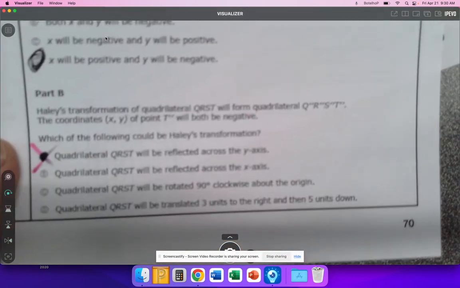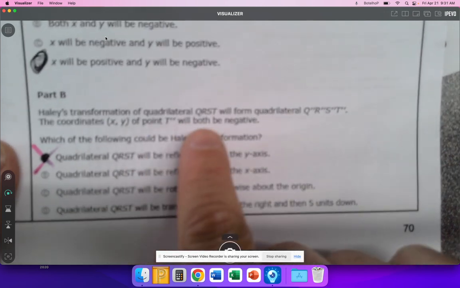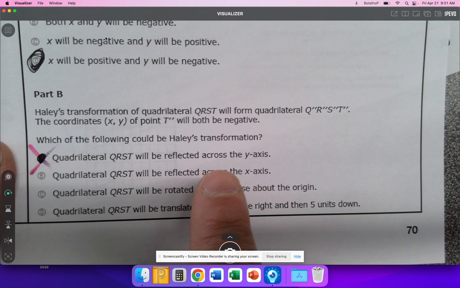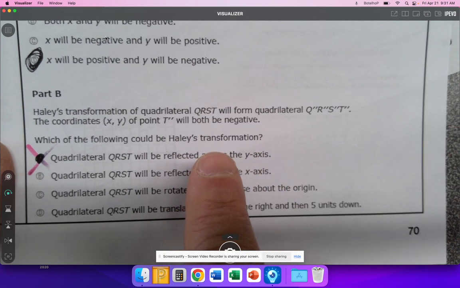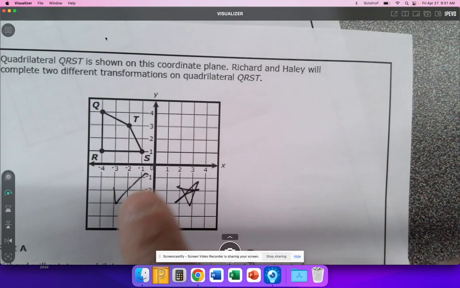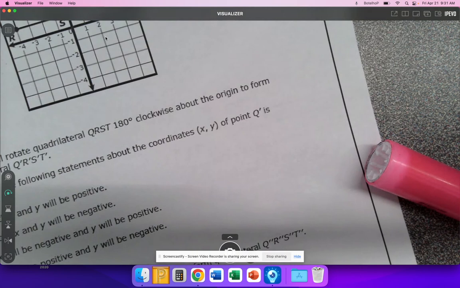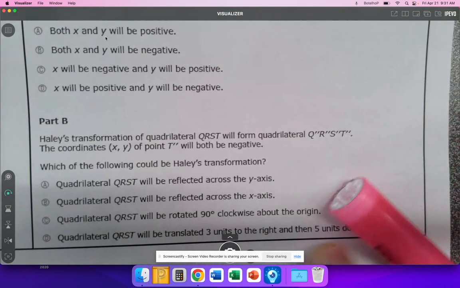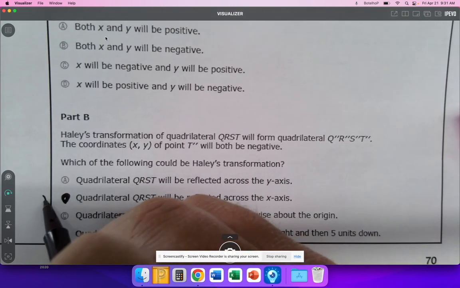Okay, I didn't read the directions clearly enough. So it's actually taking the original QRST and making it a double prime. So Haley's transformation of quadrilateral QRST will form the double prime. So if I want to go here and make them both negative, I actually have to do a reflection over the x-axis. So the correct answer here is reflection over the x-axis. There, that is the correct answer.